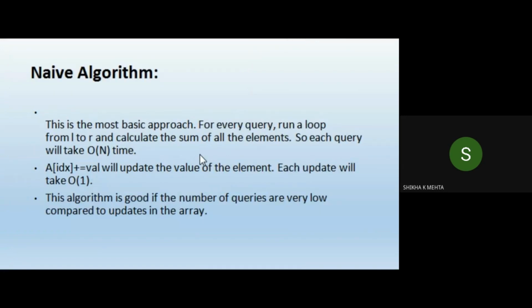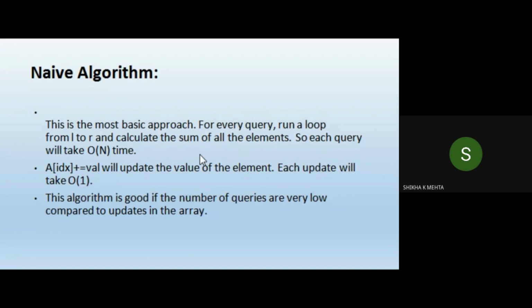If we have to perform these two operations using some basic algorithm, let us say we are not creating a segment tree and we are simply applying simple array operations with a linear search. For the query, we run a loop from left to right and calculate the sum of all the elements.